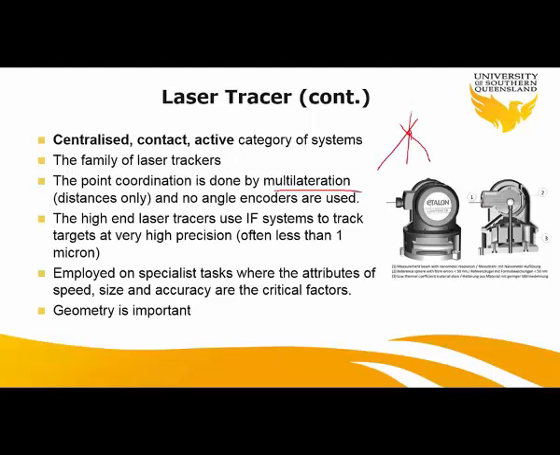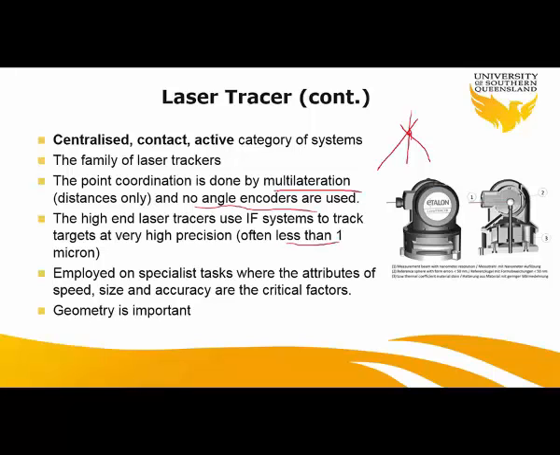In 2D you need 2 distances, in 3D you need 3 distances. There's no angle reading, so you can't get the horizontal or vertical angle. It is a very high precision system, using an interferometry system to track the target at very high precision. The precision is less than 1 micron.